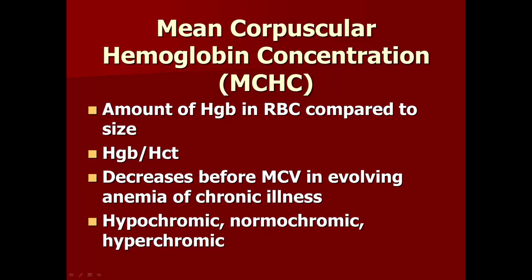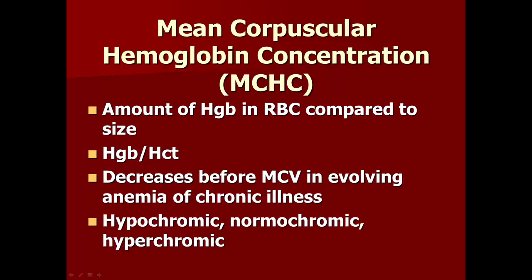So MCHC is the mean corpuscular hemoglobin concentration. This is the amount of hemoglobin in the red cell compared to size. We get it by dividing the hemoglobin by the hematocrit, but it's the amount of hemoglobin in the red cell compared to the size of the red cell. Now, this will decrease before the MCV if they have an evolving anemia of chronic illness.